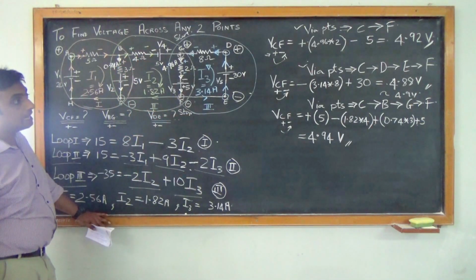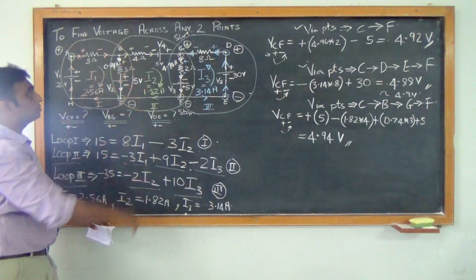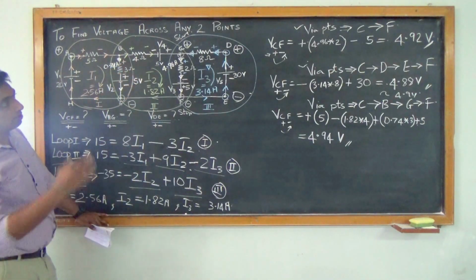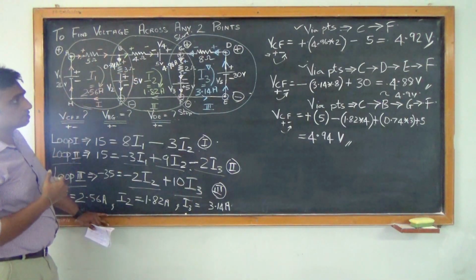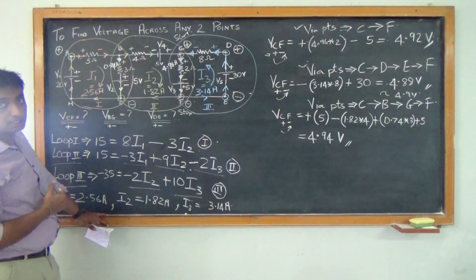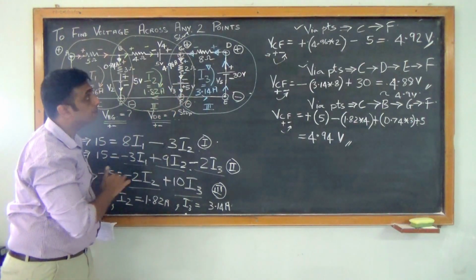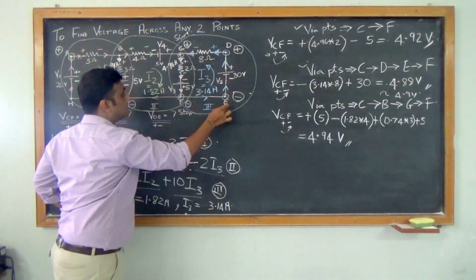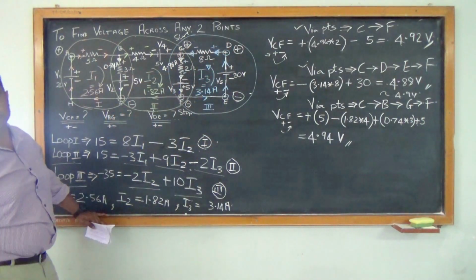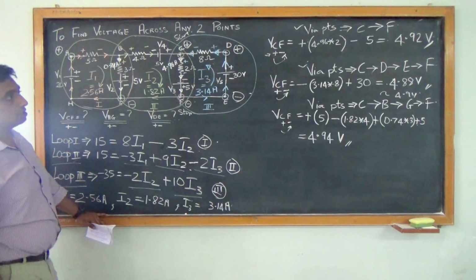So my length and time for completing the problem also becomes more, because I have more values to cater to. So obviously I will take the shortest wire directions, which is directly either C to F or C to D, D to E, E to F, because I have only two components. So I will take the shortest route.